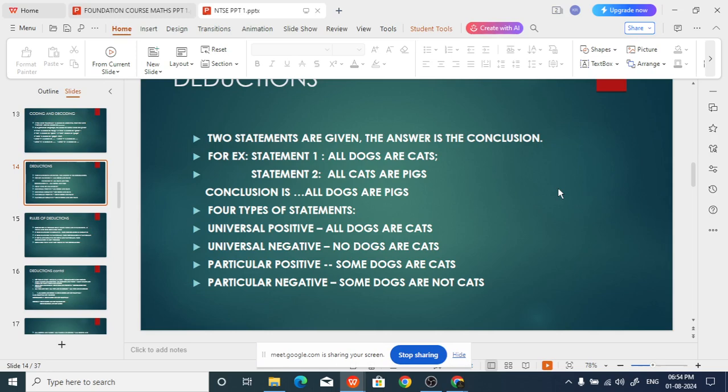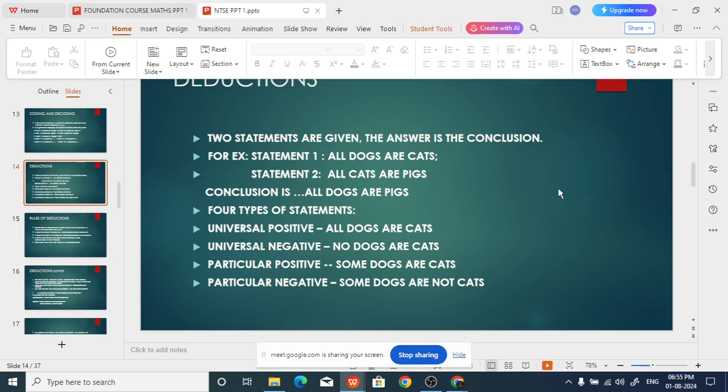Yes, sir. Okay, let's go next. No dogs are cats. This is also a universal statement because no dog in the universe, but it is a negative statement because no has come. So no dogs are cats is a universal negative statement. Some dogs are cats, we classify this as a particular positive statement.